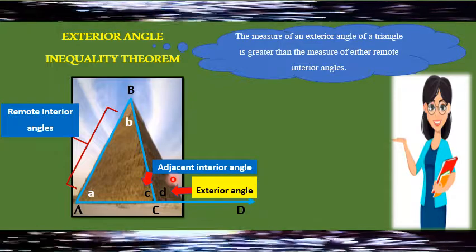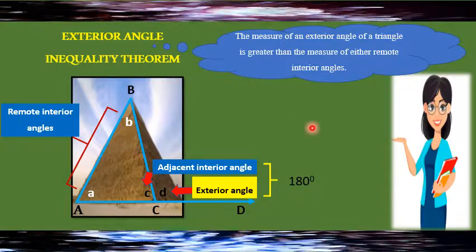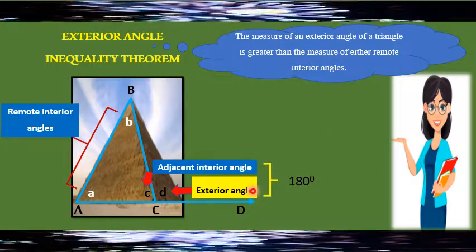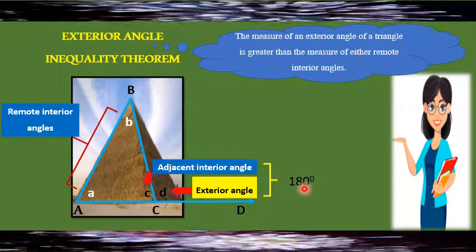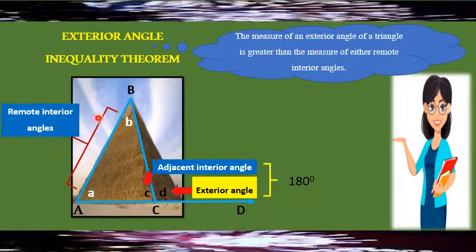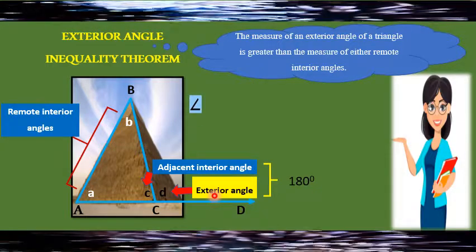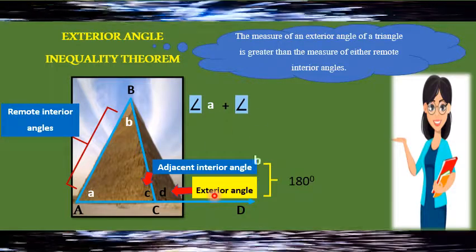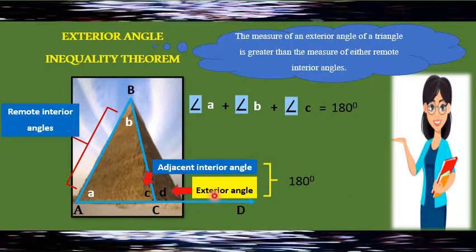And these both measure 180 degrees. So take note, the adjacent interior angle and exterior angle, when you combine them, are equivalent to 180 degrees. Angle A plus angle B plus angle C equals 180 degrees.